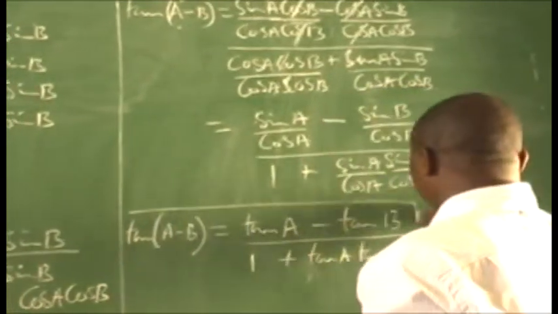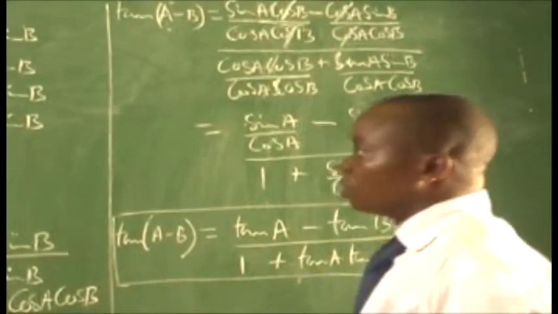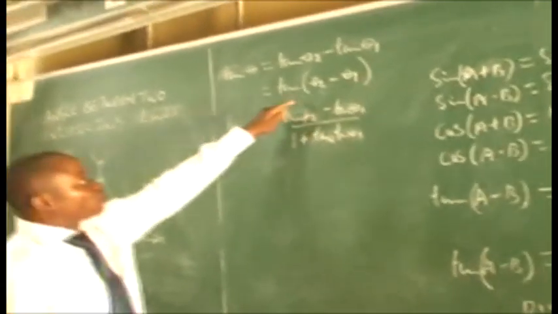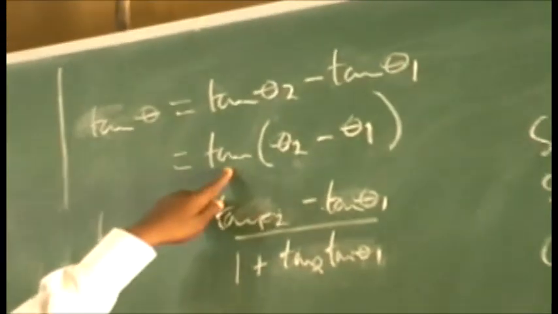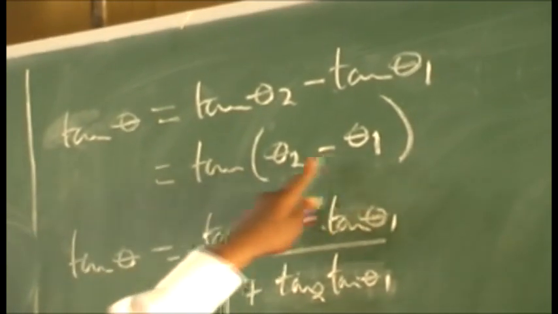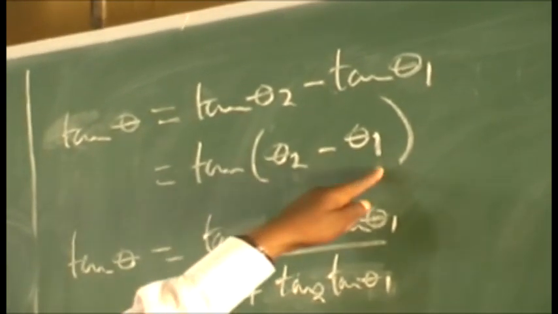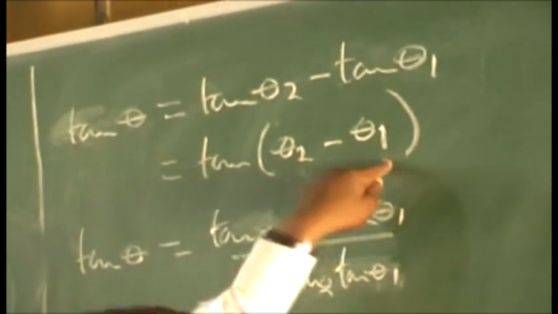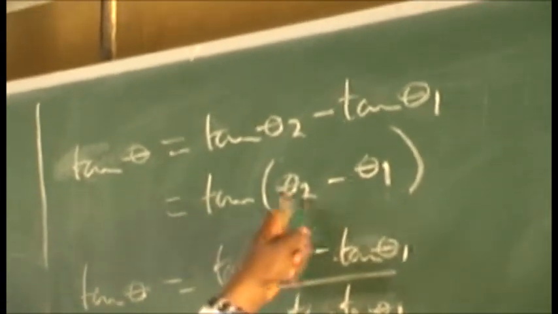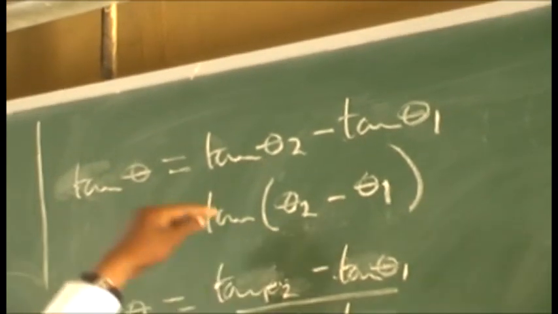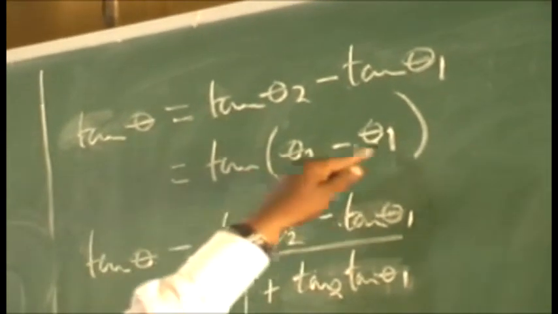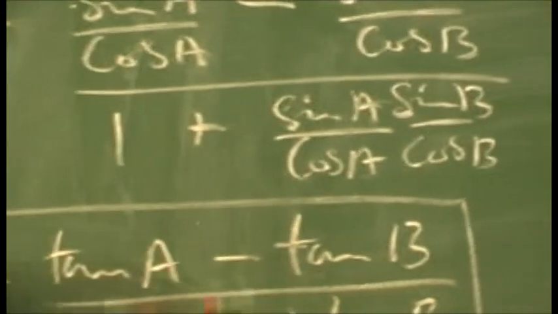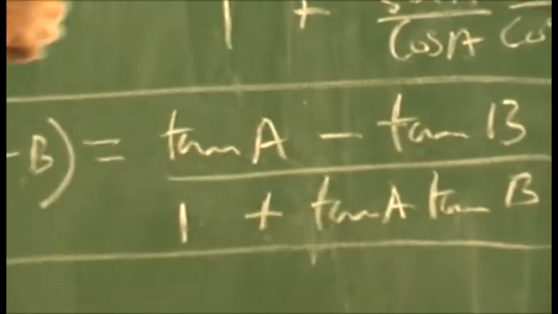Now relate this to what we have here. We have tan(θ2 − θ1). It's just the same thing as saying A − B, just as we have tan(A − B), because there are two different angles here, A and B. Here they are 2 and 1. So anytime we have tan(A − B), it is the same as tan A − tan B all over 1 + tan A tan B. You can see the proof.